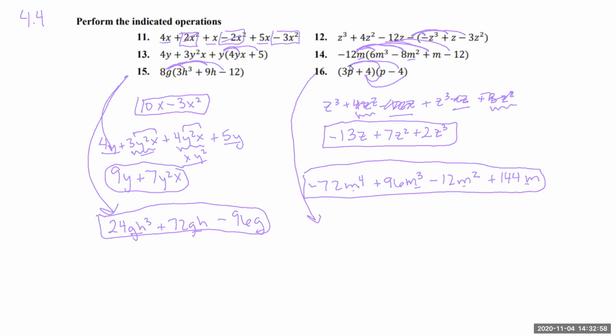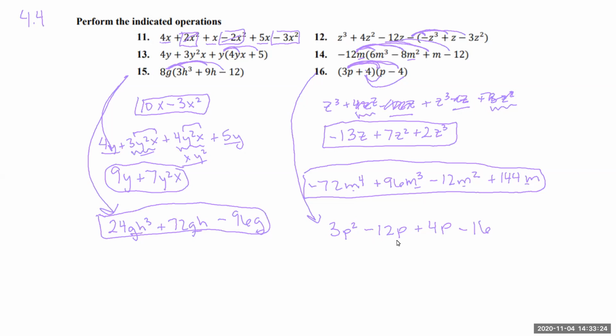So starting with the first ones, we have 3p times p, which is going to give us 3p squared. And then we have 3p times negative 4, which is going to give us negative 12p. And then we have 4 times p, which is just going to be plus 4p. And then we have 4 times negative 4, which is going to be negative 16 here.